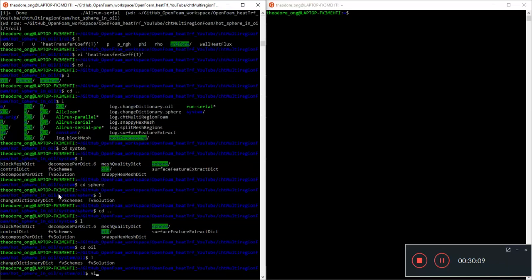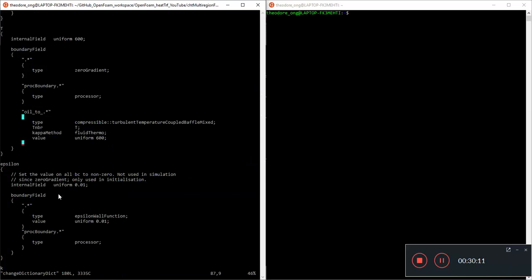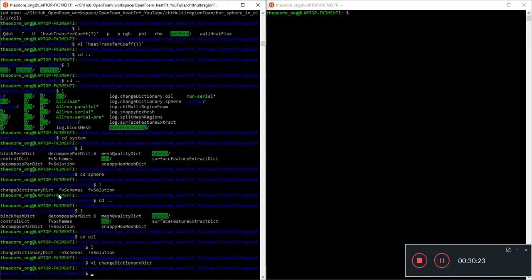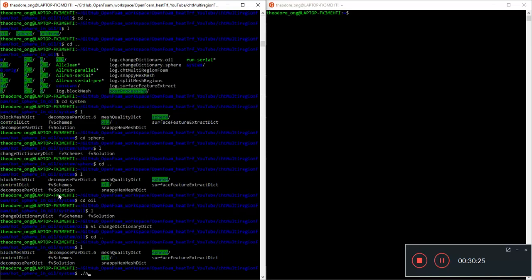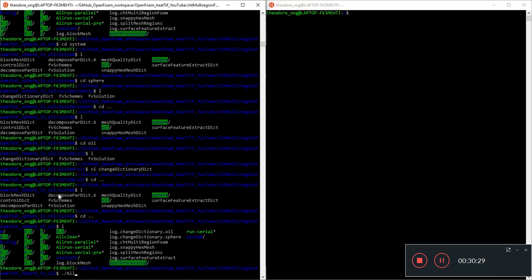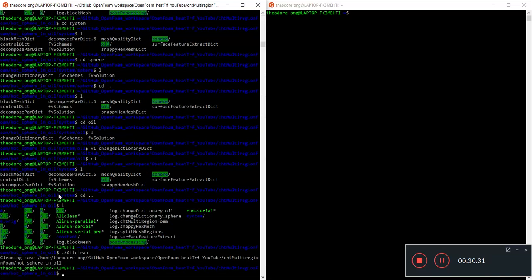Okay, I'm going to change the dictionary back to the original 300 Kelvin. And I'm going to go back, run all clean, and now I'm just going to push these changes to Git.